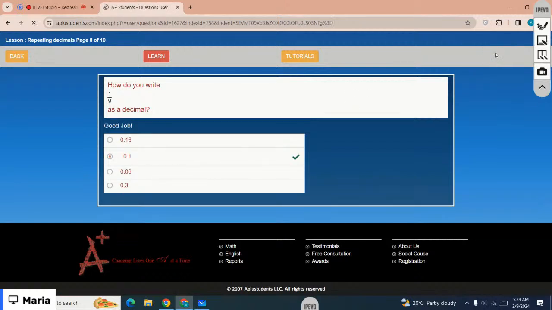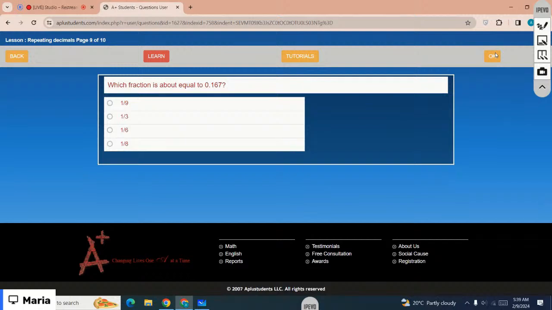The next one is which fraction is about equal to 0.167? Which is the correct option? One over 6?